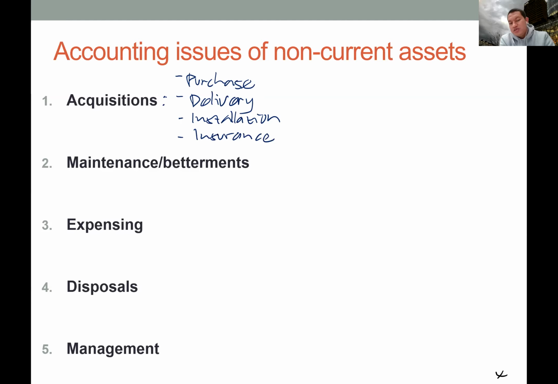But insurance is a little bit tricky. We only include the insurance which is directly related to the acquisition process as part of the acquisition cost, and we exclude insurance which is not directly related to it. You have to properly differentiate whether this insurance is part of the acquisition process or only insurance which covers the operational risk of this asset.